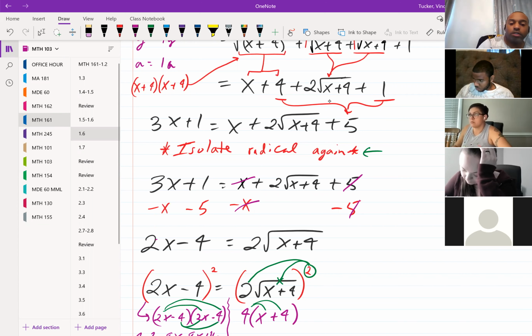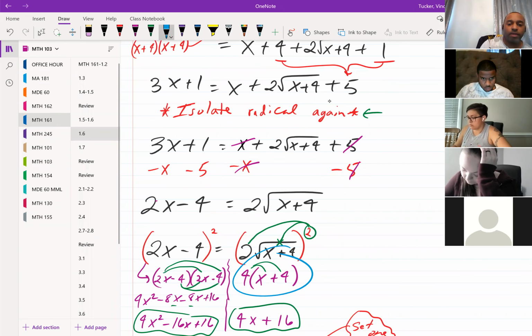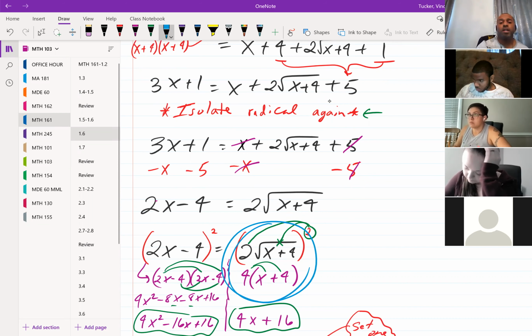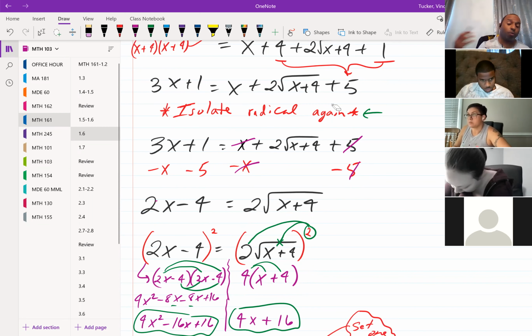So the 2 squared is going to give me 4. And when you square the radical, that cancels out and just gives you x plus 4. If you have a number sitting in front of your radical, you have to apply the power to that number too.